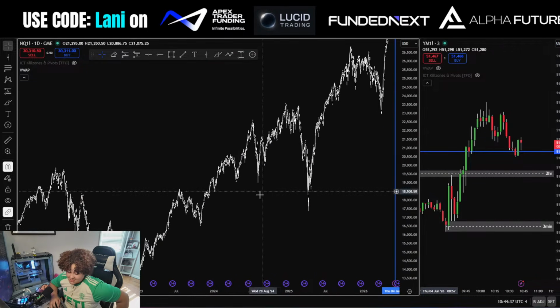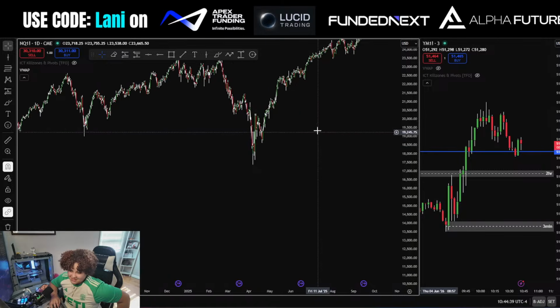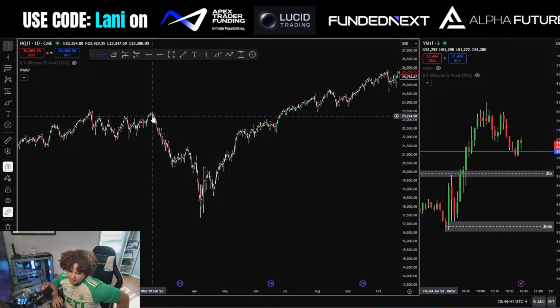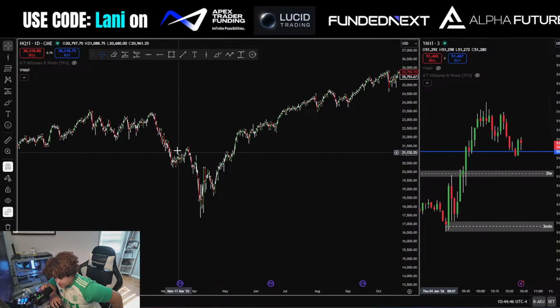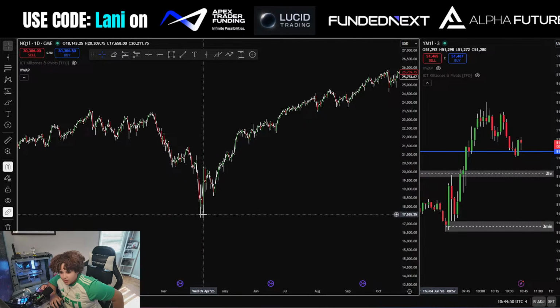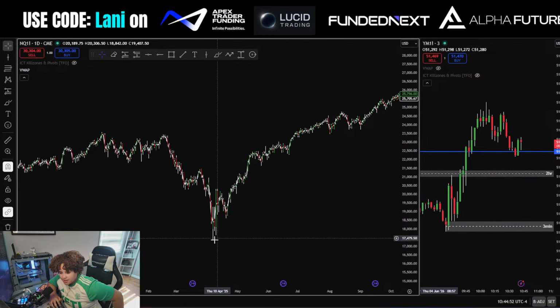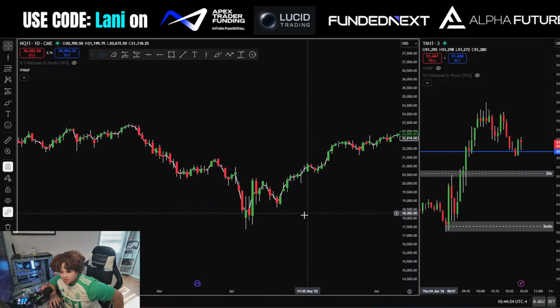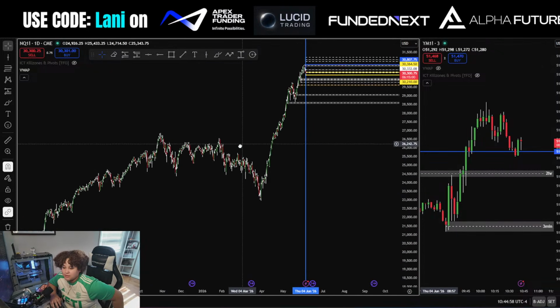Even last year, around this time, Trump mentioned tariffs, and that caused this huge move down, this huge sell off. And then one day he was like, everyone buy the stocks. And ever since that day, that's been the bottom.